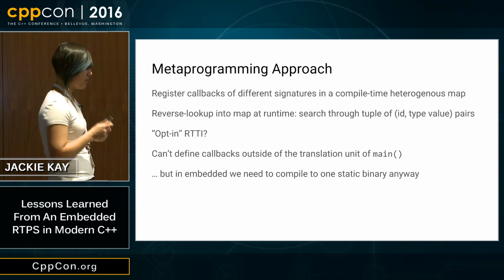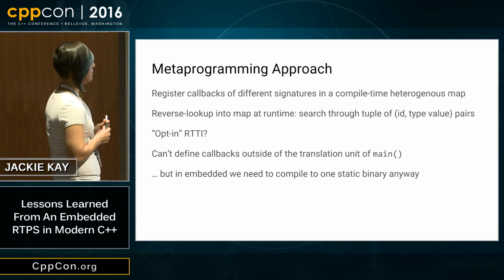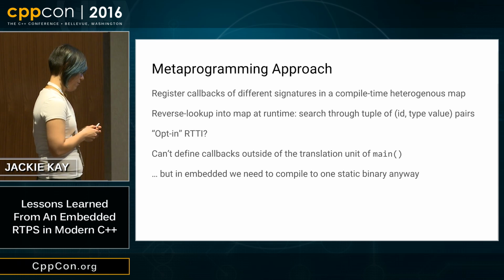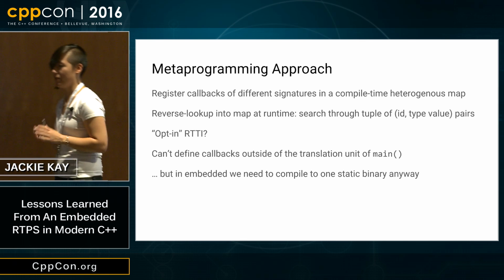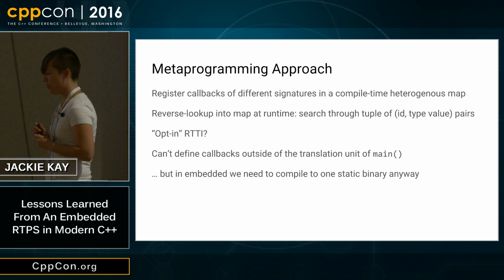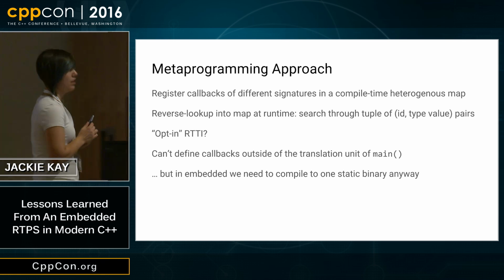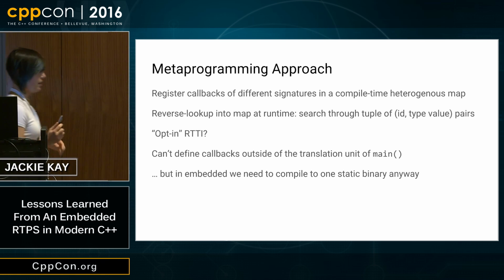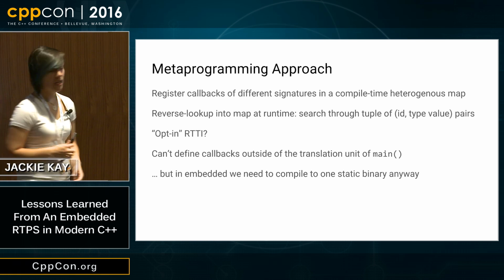And the user will probably register the callbacks in the main function, or in their own user-provided library. But I actually decided this was totally fine because when you do embedded development, you need to statically compile everything into one binary. So maybe it's okay if we provide the user with tools that are all header only.